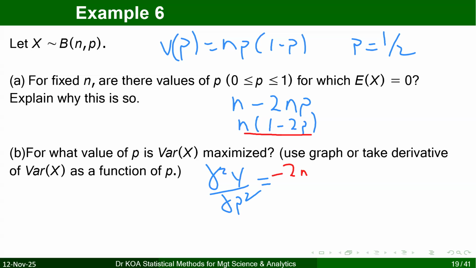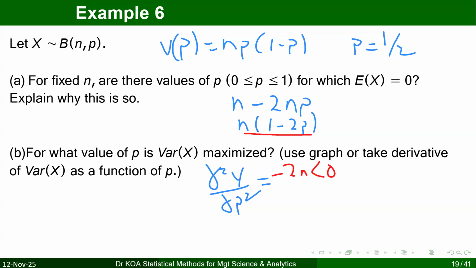And is this negative? Yes. And normally, if this is negative, what does that mean? It means that the original one is at maximum. So if this is negative, it means that P equals half, which maximizes the variance, is truly at the maximum point.